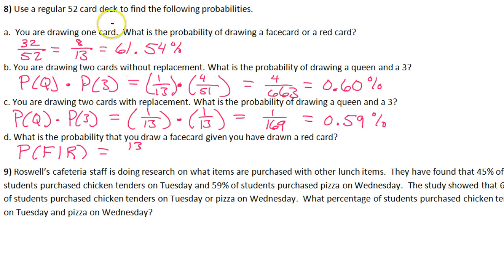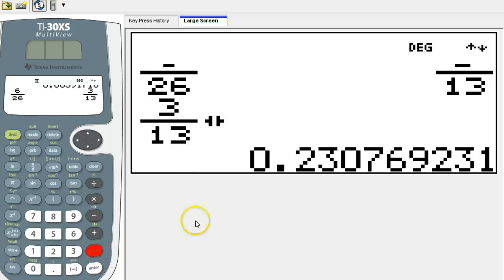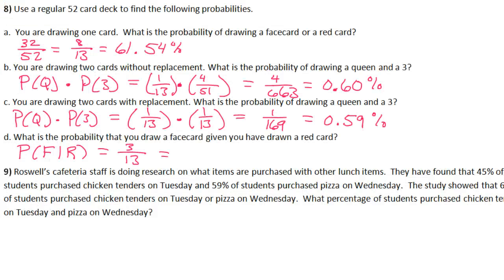It's 3 out of 13, which is 0.2308. Got to round up. Alright, that's the answer to that one.